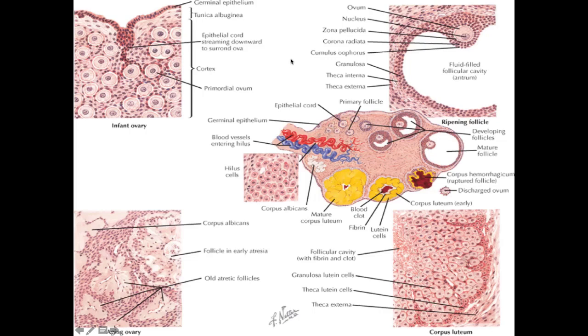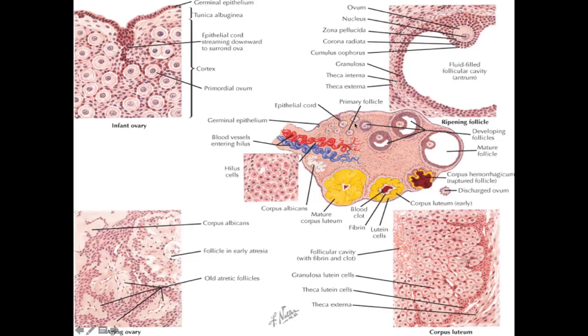The ovary itself can be divided into superficial cortex and underlying medulla. They are not so distinct regions. The medulla, which is inside, contains loose connective tissue, a lot of blood vessels and lymph vessels, and also nerves, but it doesn't contain any follicles with oocytes.